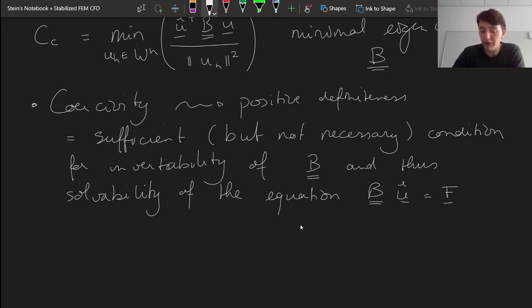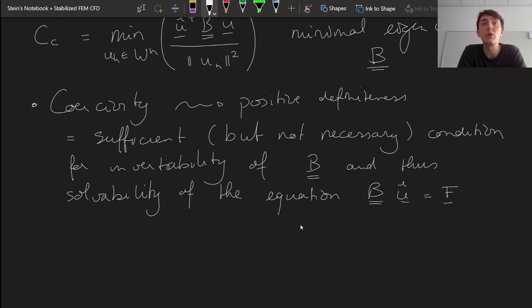Now, if we know b has an inverse, then we can multiply both sides of this equation on the left by b inverse, and then we get a solution for u hat. So in this discrete sense, coercivity is the only thing that we need to prove existence of a solution. And intuitively, we have this correspondence with the positive definiteness of a stiffness matrix.